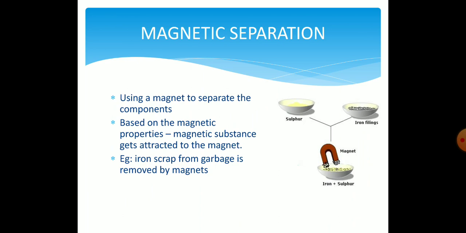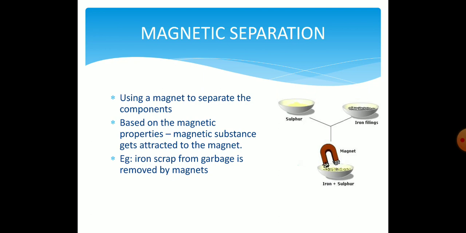Example, we have iron scrap in garbage. You have lots of garbage put together. You can take the iron scrap, iron filings or iron pieces out with the magnet. If you take the magnet towards that area, all the iron present there will come and attach itself to the magnet, because iron has magnetic properties.